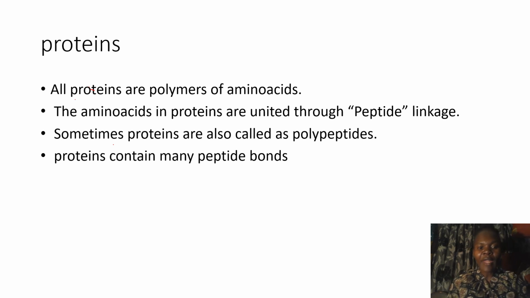So if you have a length of those amino acids which you can't count, you talk about a polypeptide. And that is why most of those proteins have properties that relate well with the amino acid components in them. So that brings us to the final discussion on proteins or amino acids and peptides.